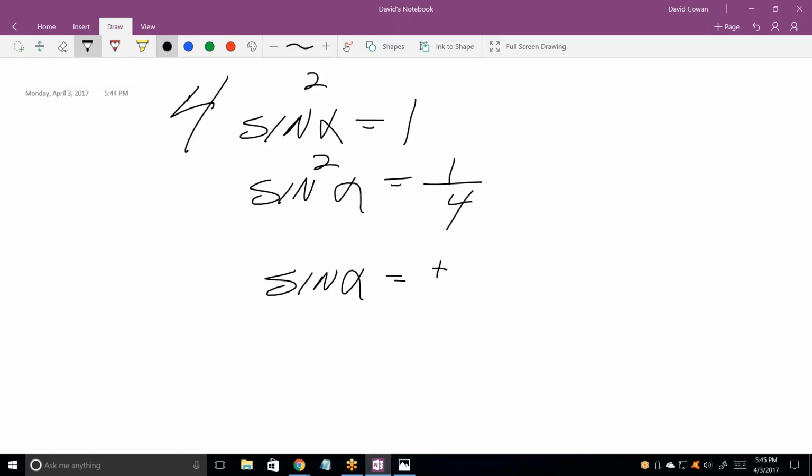Plus or minus? Oh yeah, plus or minus. The biggest mistake that my students make is that one right there. When they take the square root of both sides of an equation in order to solve it, always begin your answer with the words plus or minus. No exceptions.